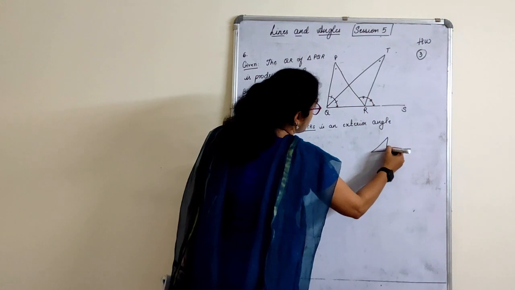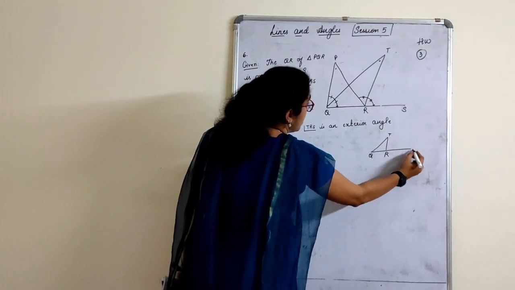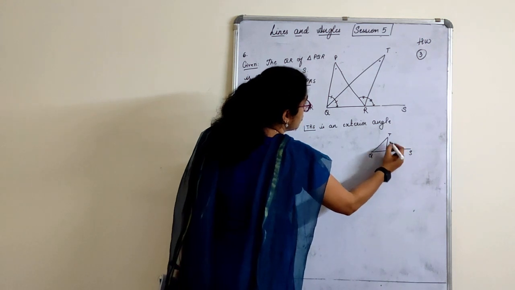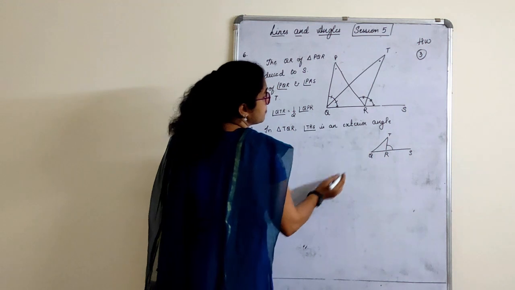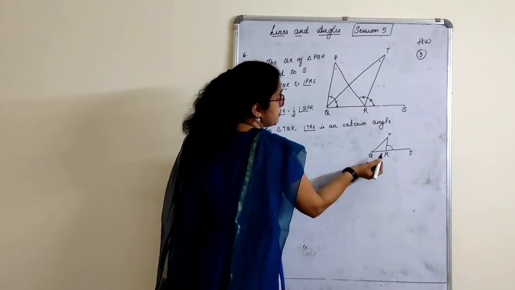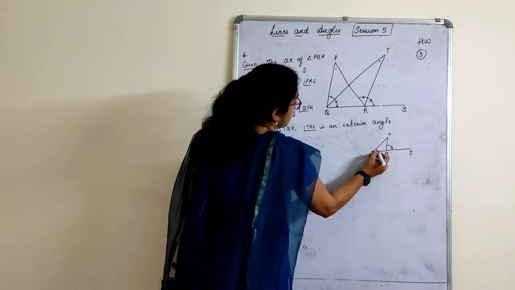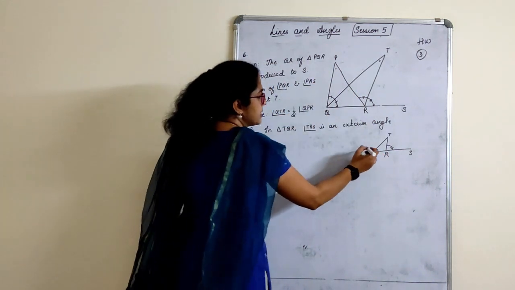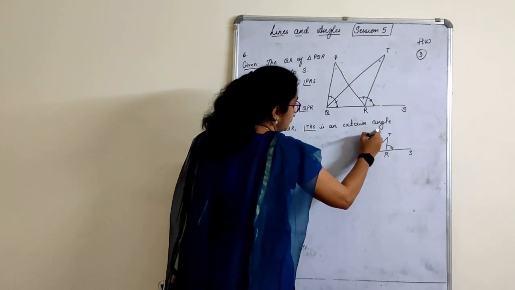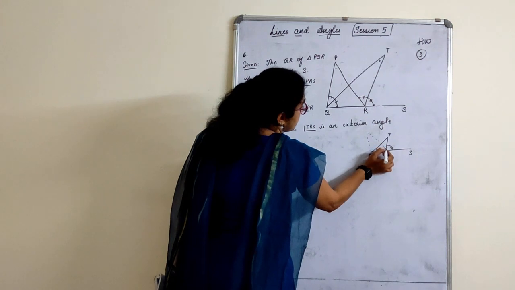I will just draw it here. This is T, this is Q, this is R and this is S. So that means I have got this part here. T part is there, this part is missing, one more part is missing, only one. So here only one part is there. Just I have marked it for the understanding. This part is missing. If you want to see dotted lines, if you draw, you will come to know what part is missing.